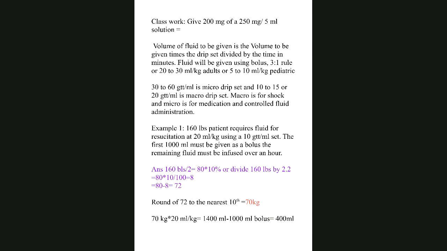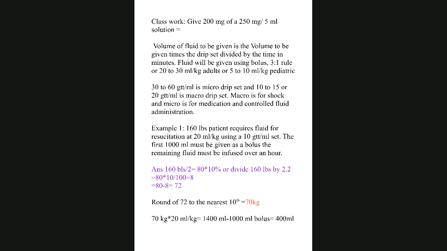Now, when we are going to give fluid in EMS for the purpose of fluid resuscitation, you have what is called the 3-to-1 rule, right? So your protocol can allow what is called a 3-to-1 rule. What does that mean? It means for every liter of fluid that the patient loses, we will give 3 times that amount, right?